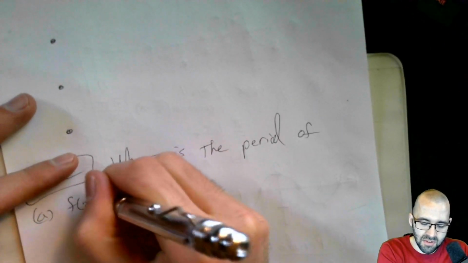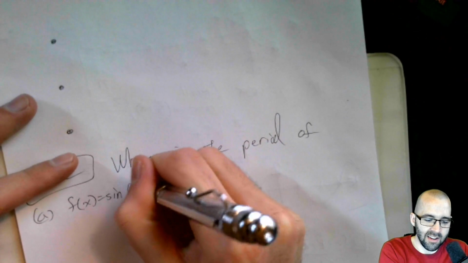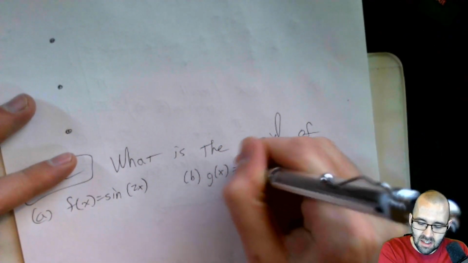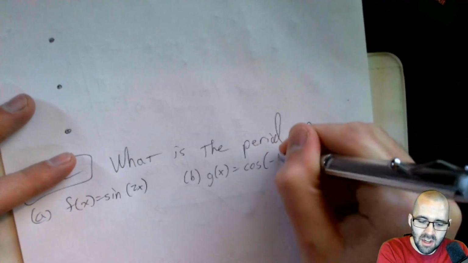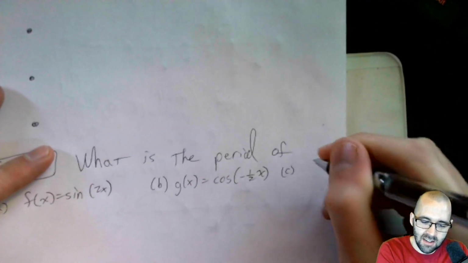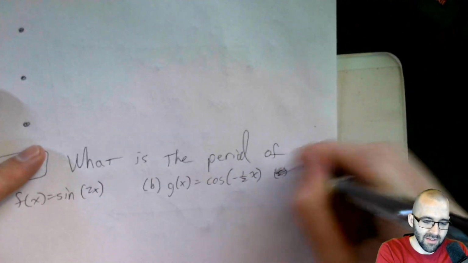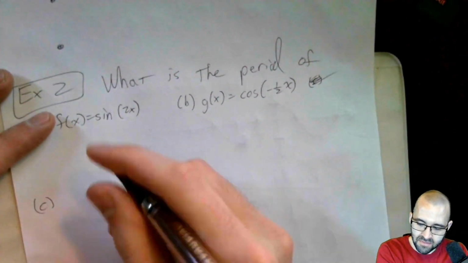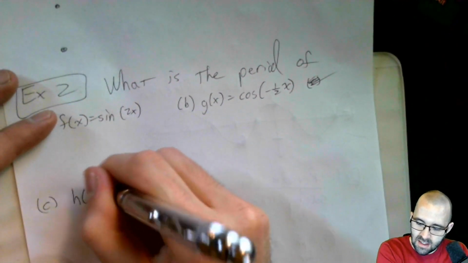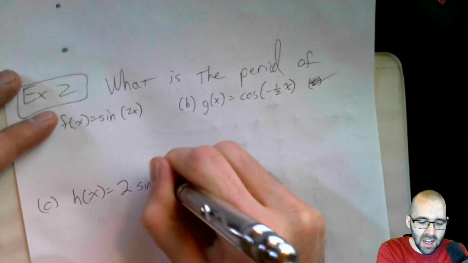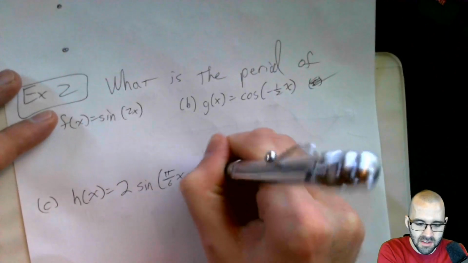Part A: f of x equals sine of 2x. We already kind of did that one, but that's fine. Part B is going to be g of x equals cosine of negative 1/2 x. And part C, oh, I don't have room for this. We're going to write that over here. Part C is going to be h of x equals 2 times the sine of pi over 6 times (x minus 2), plus 1.